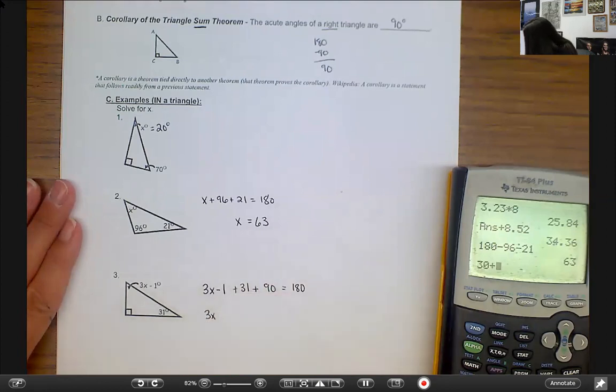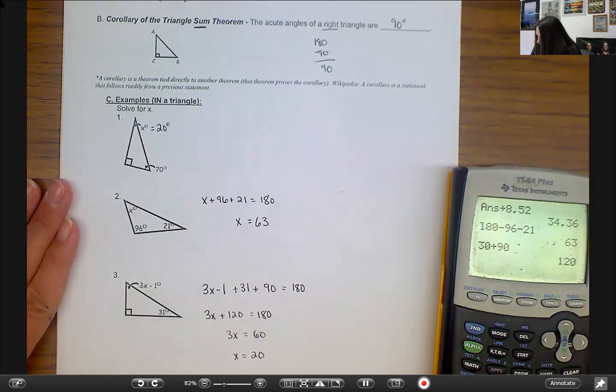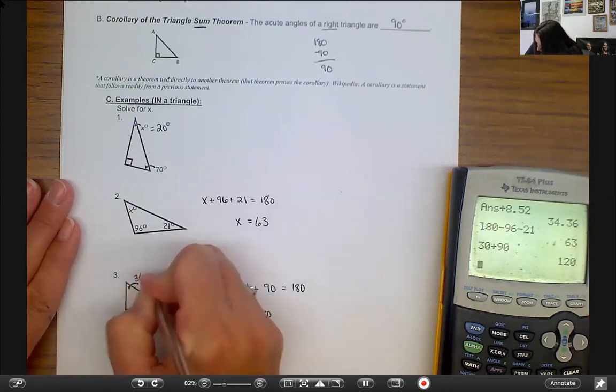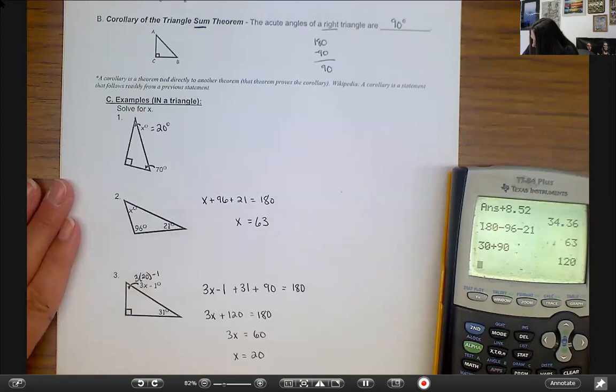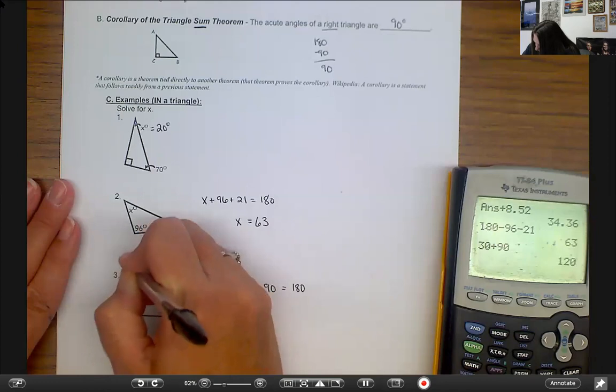Let's see, 30 and 90 would give me 120 if I add those values together. Subtract 120, and then x would be 20 degrees. Now, that's the value for x. So if I wanted the angle measurement, I have to plug that back in, remember. So 3 times 20 minus 1, that'd be 60 minus 1, or 59 degrees.